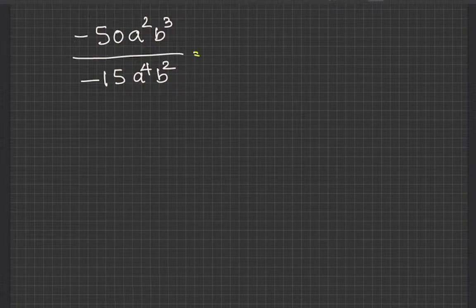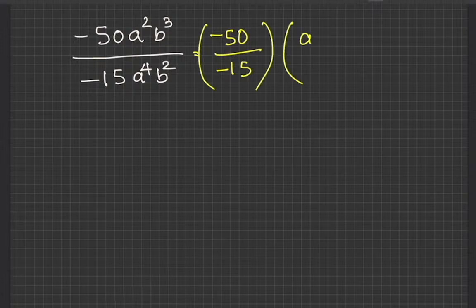Okay. So we group negative 50 by negative 15, and then we have a squared b cubed by a to the power 4 b to the power 2, right?